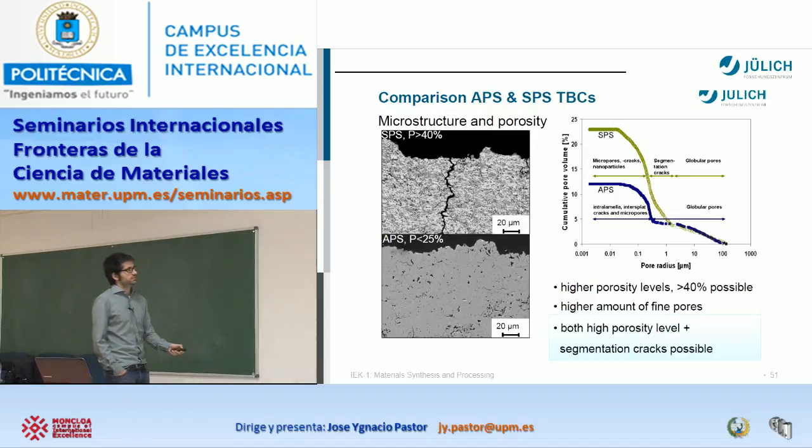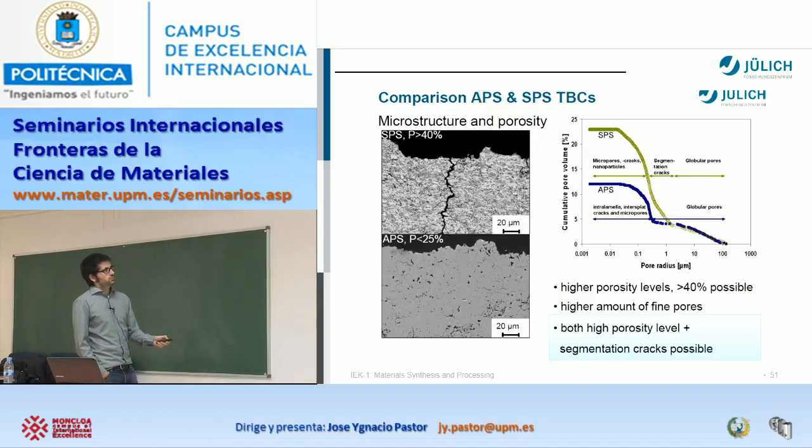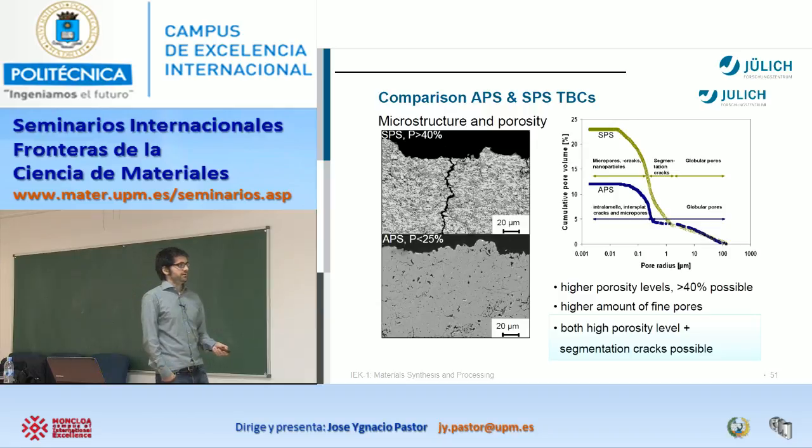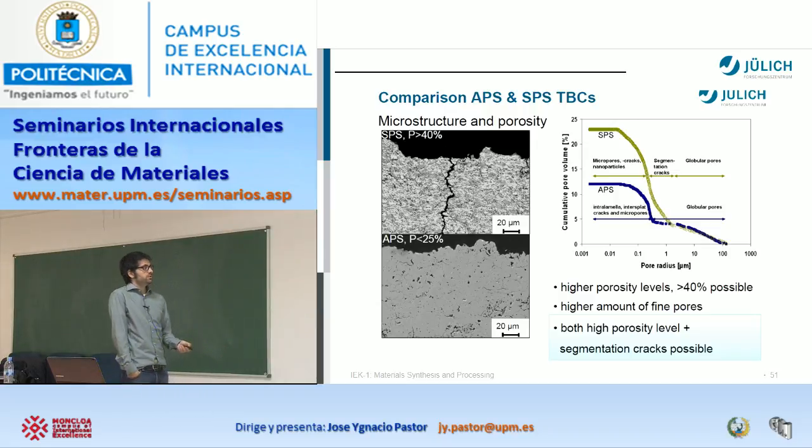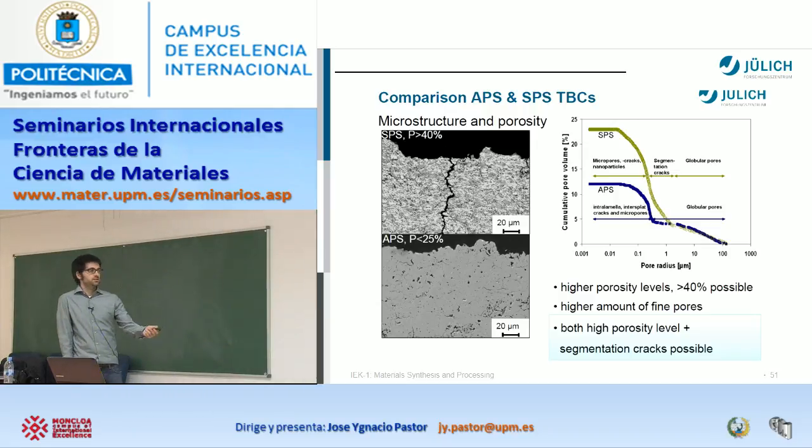And this is what we plot here with this SPS or APS characteristics and the pore radius. I mean, you can play with that and, depending on the properties you want for the TBCs, if it's a higher temperature or a lower temperature, or whichever kind. Okay, I am only trying to show you that there are different possibilities.